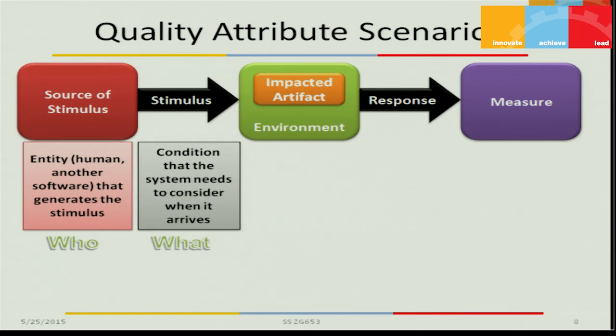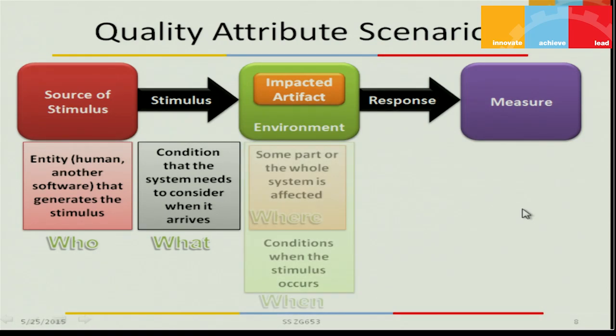Then when this stimulus arrives at the system, what is the condition that the system needs to consider? The condition could be the condition of the environment that the system needs to consider. So when the stimulus comes to the system, what happens to the system, and where and when does it happen?